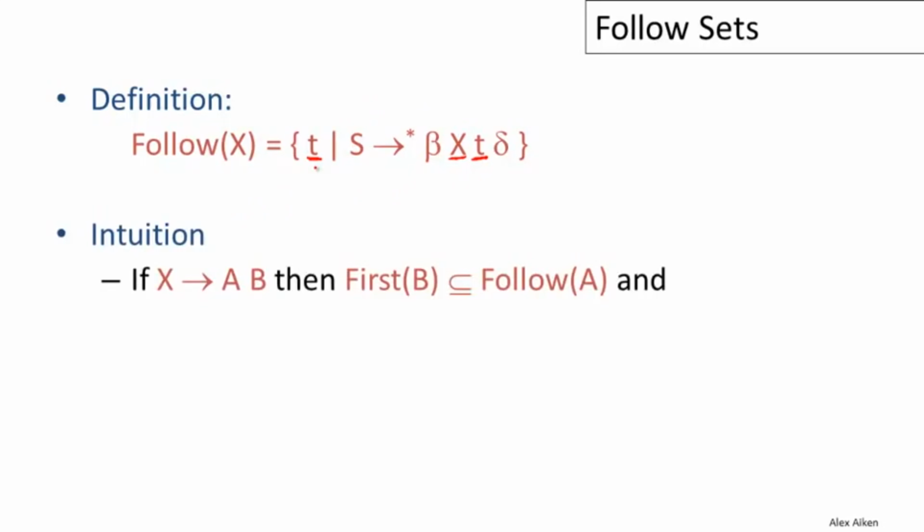And here's some intuition about how we would compute follow sets. Let's say we have a situation where X goes to two symbols, A, B, all right?